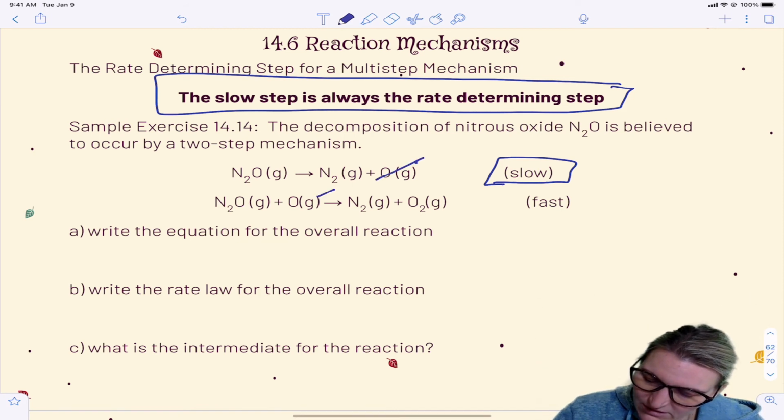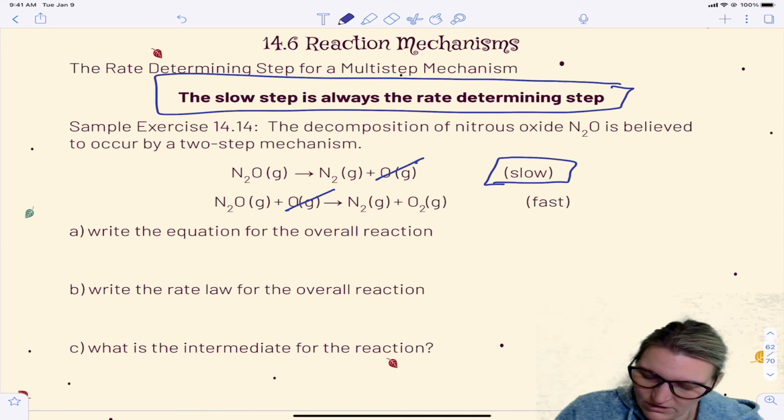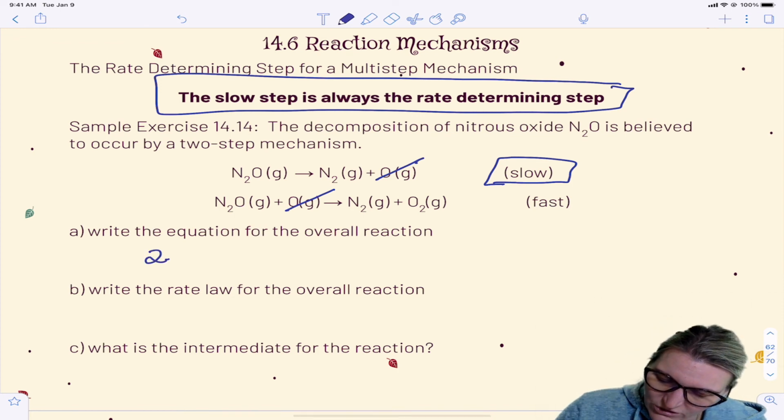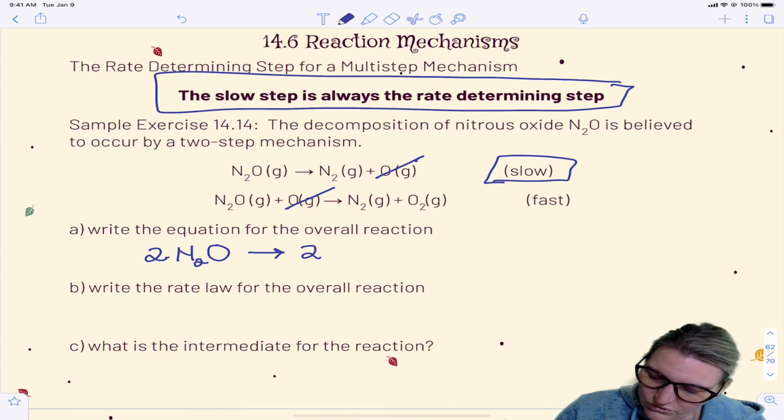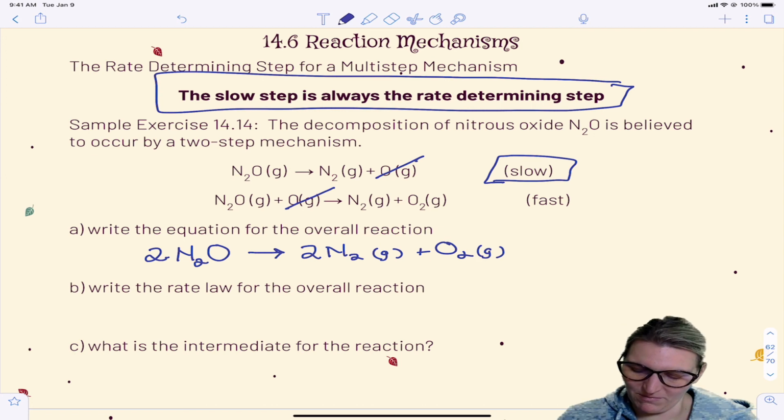I can cross off the oxygen atom, and that's the only thing I can cross off. So the overall equation is 2 nitrogen dioxide, the only reactant, decomposing to 2 nitrogen gas molecules plus an oxygen gas molecule. Then double check, make sure it's still balanced. If you messed something up, it may not be balanced.